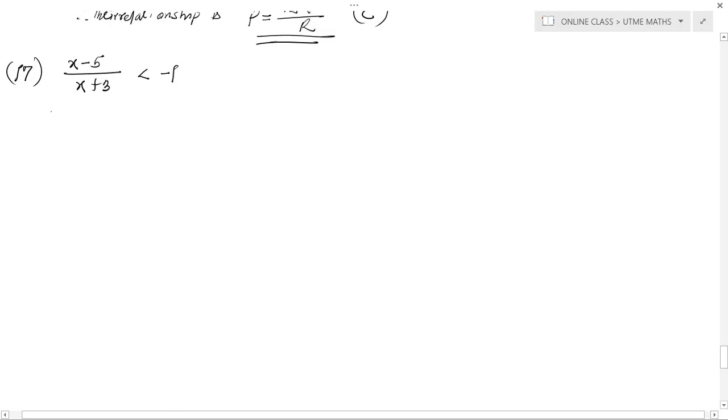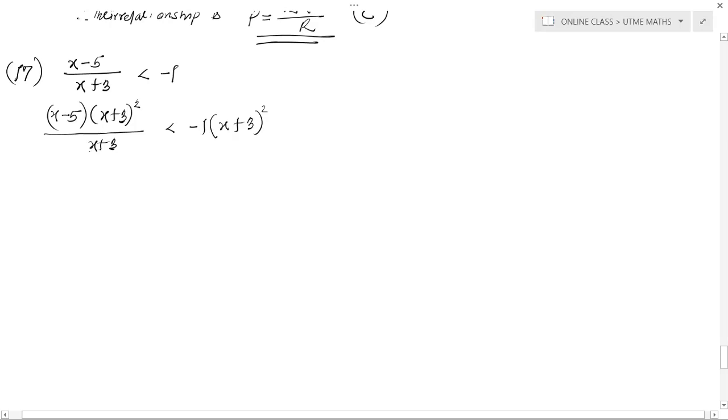So in this case, you have x minus 5 times x plus 3 all squared divided by x plus 3, less than minus 1 times x plus 3 all squared.